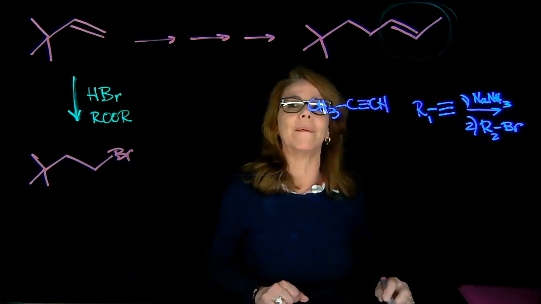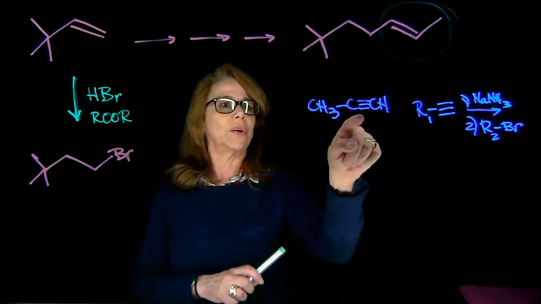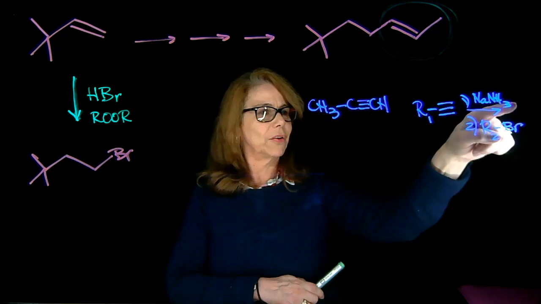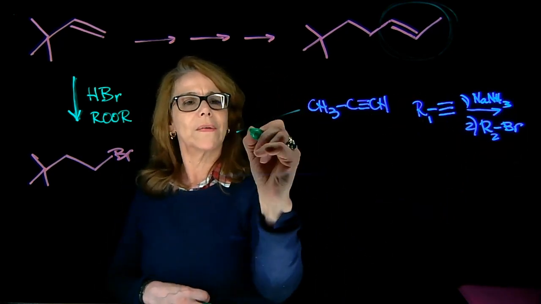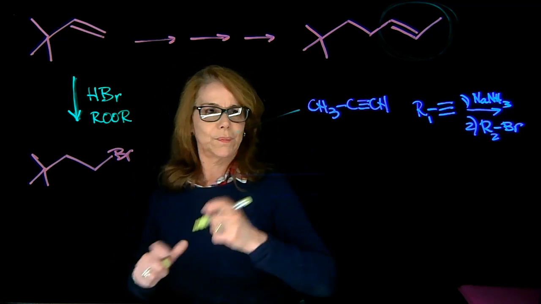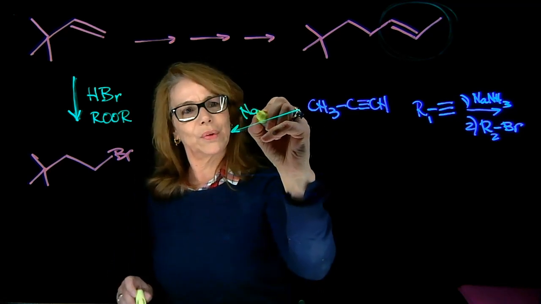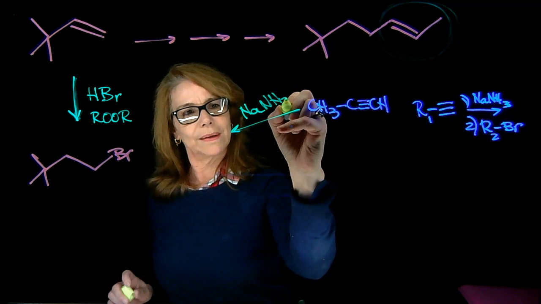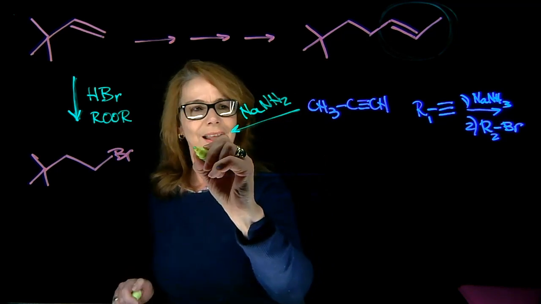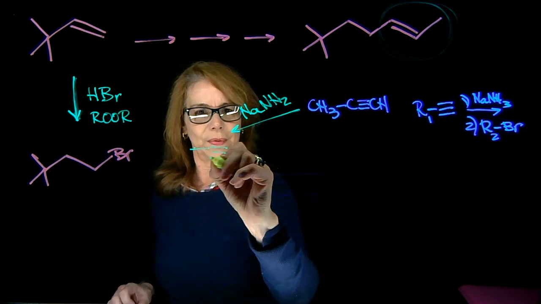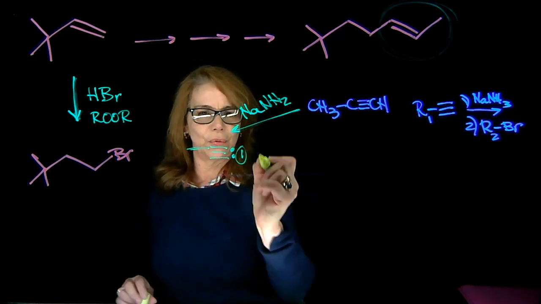So next step, in another reaction vessel, I'm going to make that and have it react with sodium amide. So let's do that. When I'm doing that, I will be making this, I'm just drawing that with no H's, right?